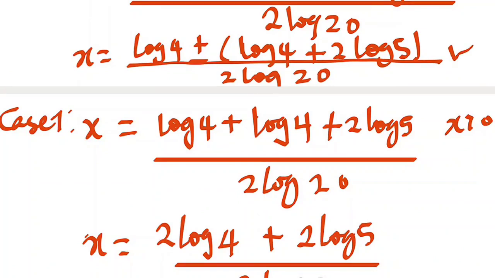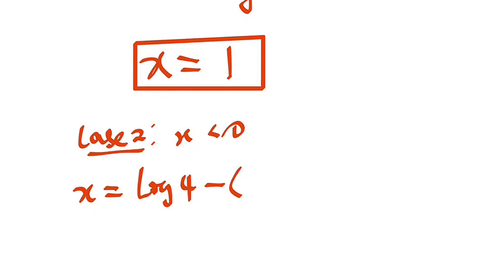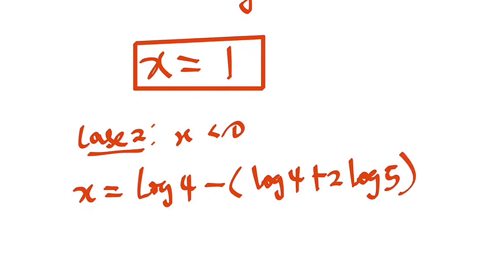So when x is less than 0, x is going to be log 4 minus, into bracket, log 4 plus 2 log 5. Are you getting it? So that is what we have there.